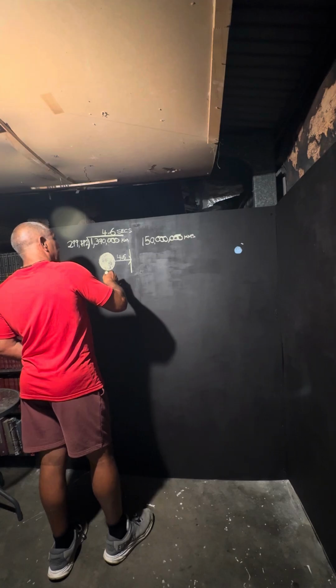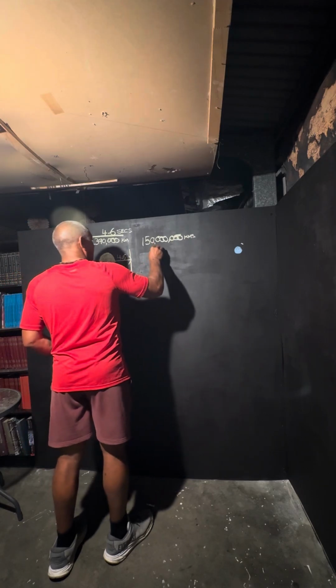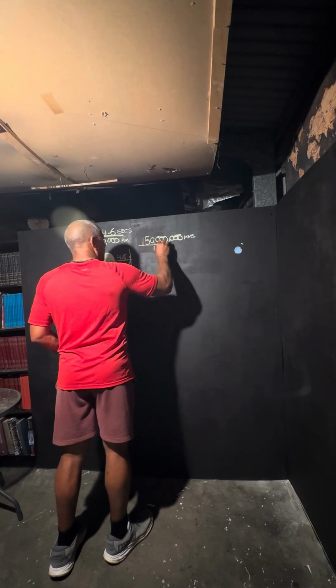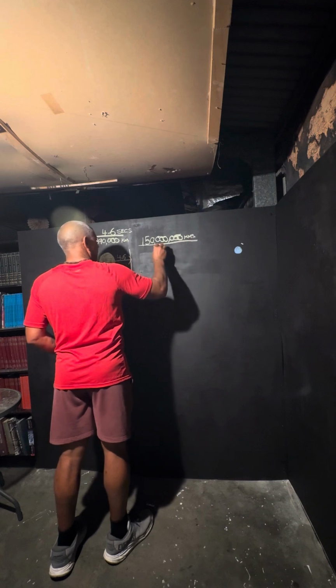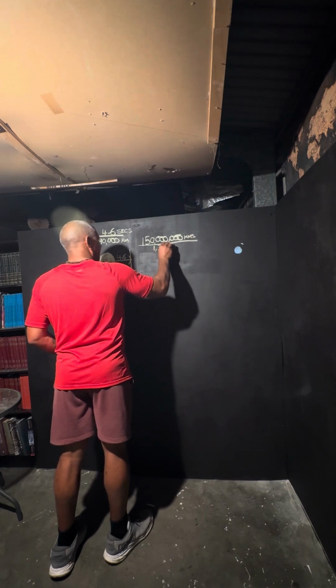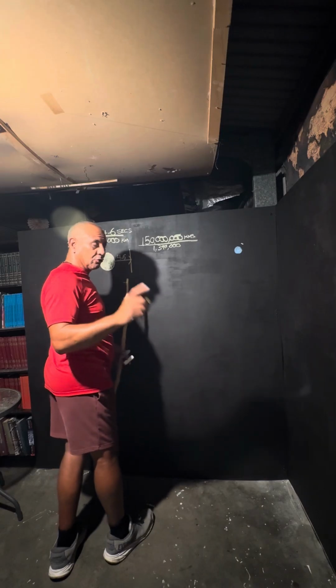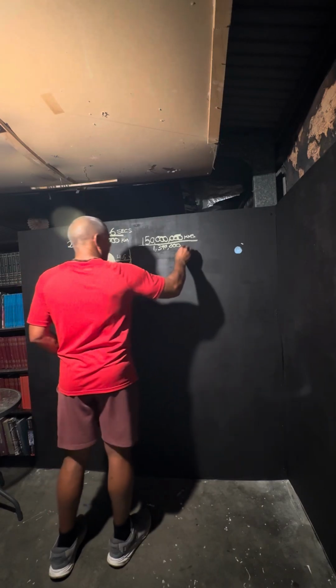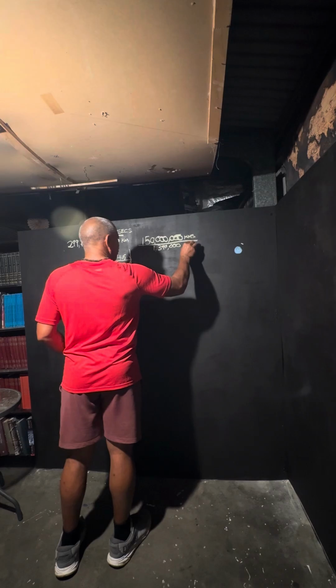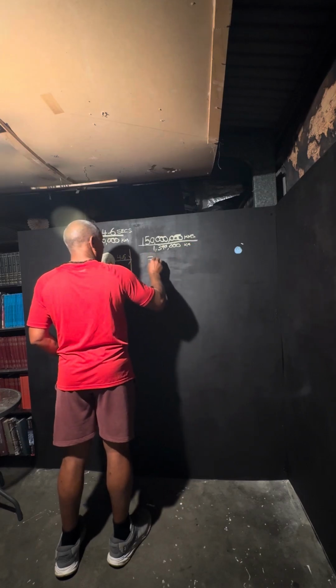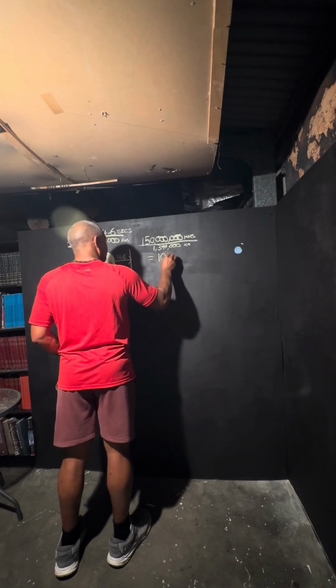Right, there's 150 million kilometers. 150 million brand spanking new kilometers, may I add. If we divide the distance by the sun's diameter, by the sun's brand spanking new diameter, may I add, we get 107.9, but we call it 108.